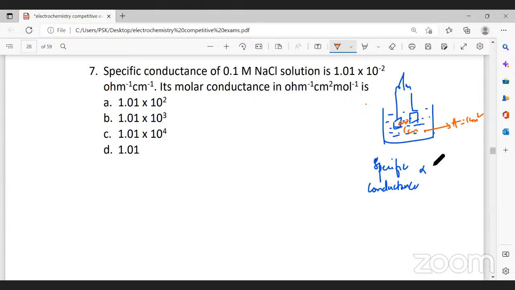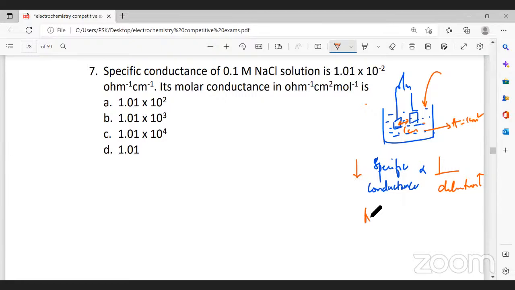Yes, specific conductance is inversely proportional to dilution. When you dilute, the ions from here will move out, so the same number of ions will not be here. Therefore, specific conductance decreases on dilution. As dilution increases, specific conductance decreases.